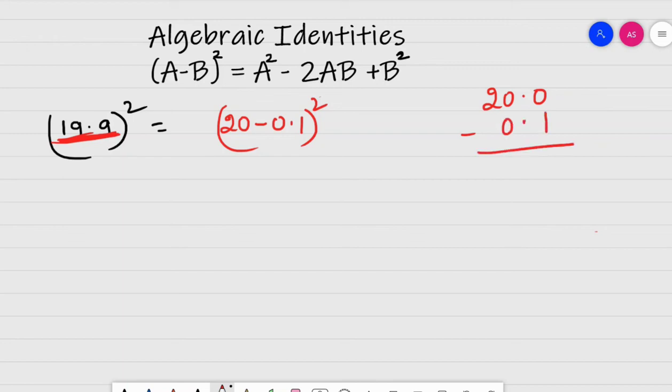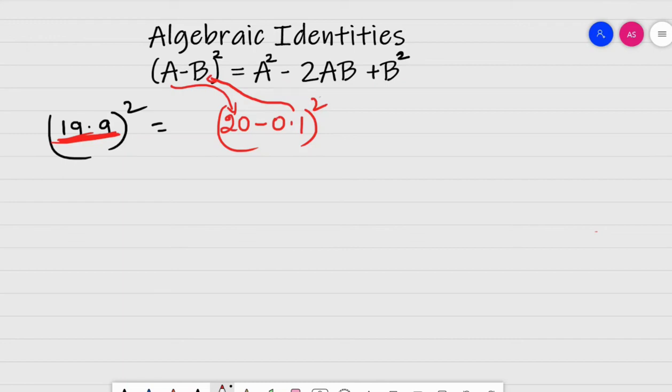How? If you take here 1, you will get 10 minus 1, that will be 9, and here you will be left with 19. So 19.9. So 19.9 whole square can be written as (20.0 minus 0.1) whole square. Now see, if you take 20 as a and 0.1 as b, so simply this has become your a minus b whole square format.